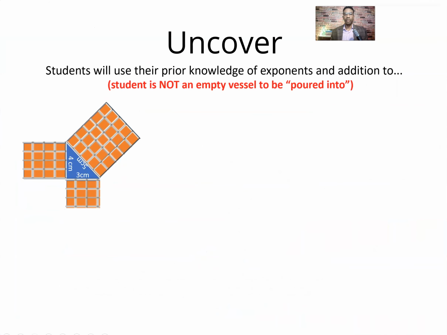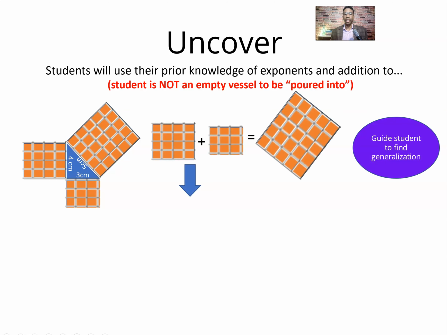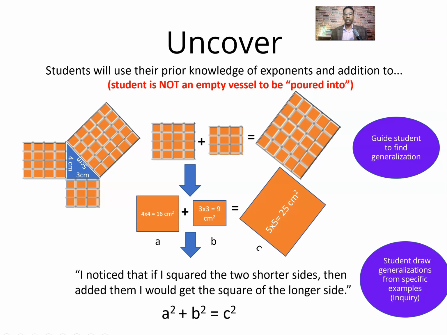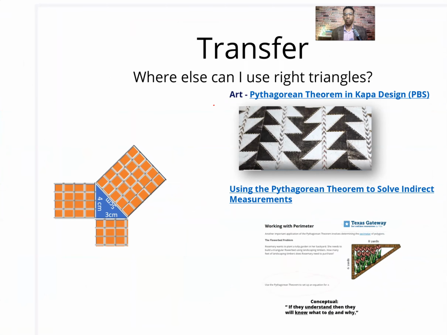So again, like the previous example, the Pythagorean theorem. One thing to keep in mind, we do not see students as empty vessels who come to be poured into. We have to recognize they have prior knowledge that we have to build on. Again, we're going to give them a student-centered example, and they're going to come to the generalization.